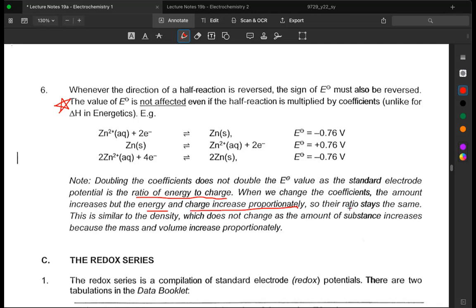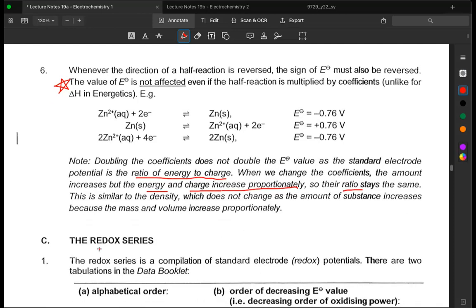So electropotential is a ratio. It is similar to the concept of density. The density will be constant at a constant temperature. You can try to increase the volume, it won't change the density, if you still use the same mass. Meaning, for the concept of density, it's like you have one small cube.